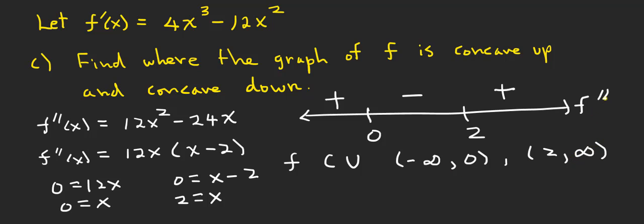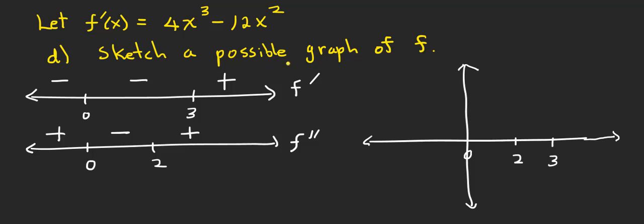Because the sign of f double prime is positive on those intervals. Now, when is f concave down? It's from 0 to 2, because on those intervals, the sign of f double prime is negative. And part D says sketch a possible graph of f.